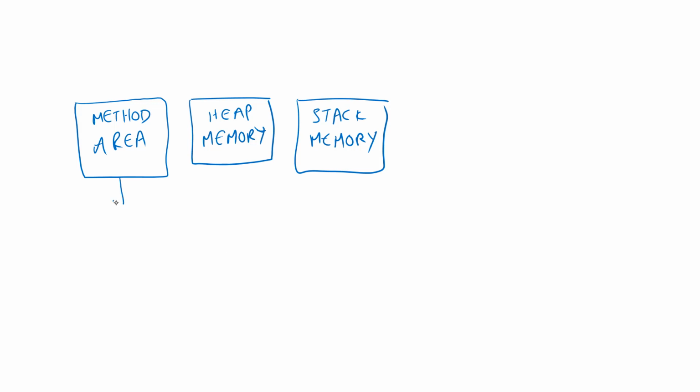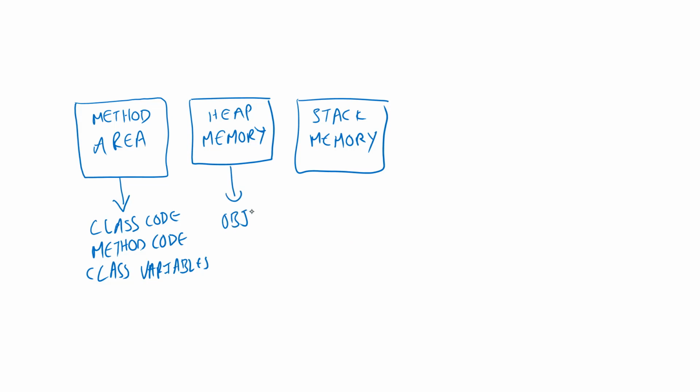The method area stores the class code, method code, and class variables. Heap memory stores all the objects that are created. Stack memory stores the references of the objects that are created on the heap memory.